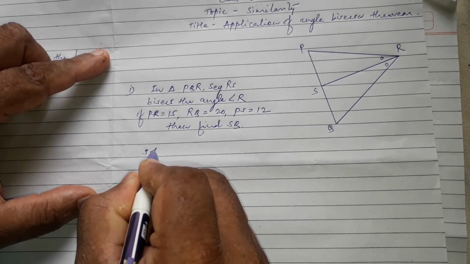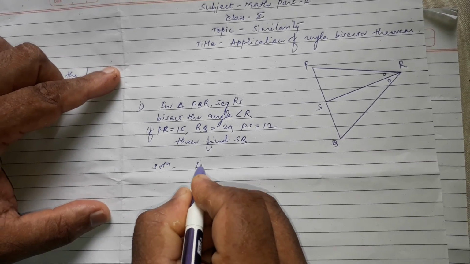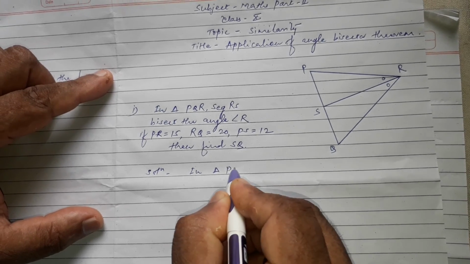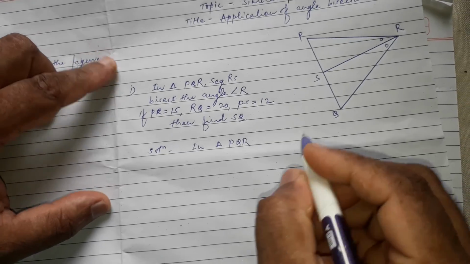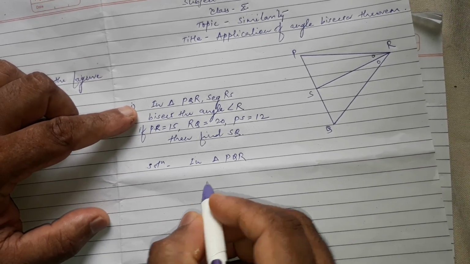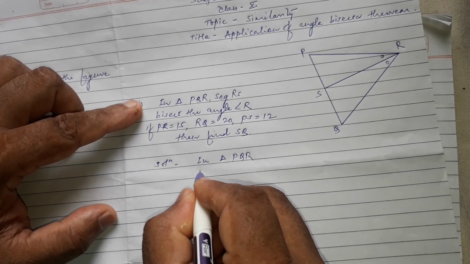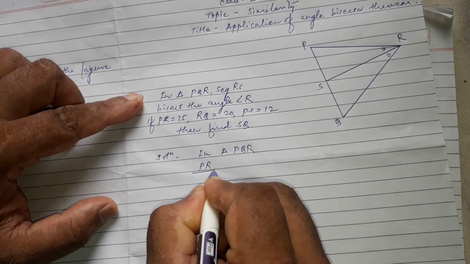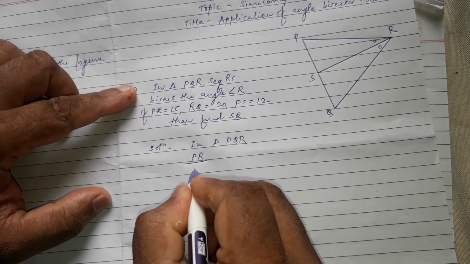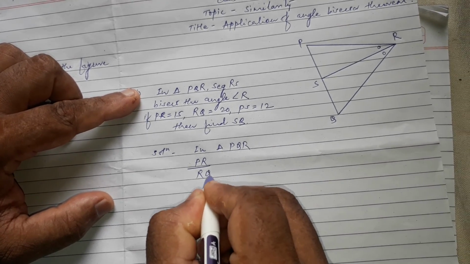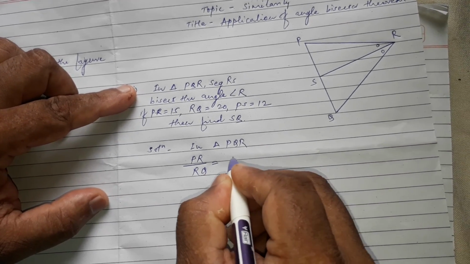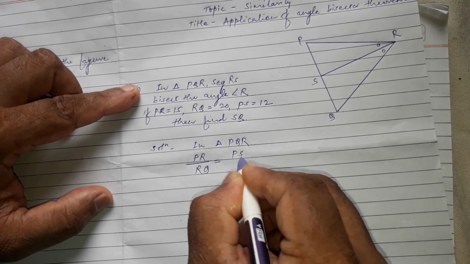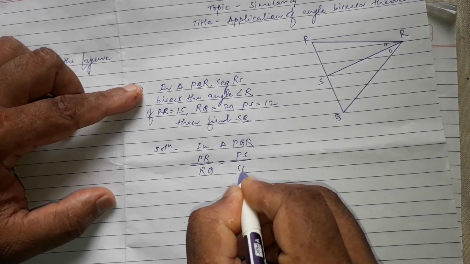So, solution: in triangle PQR we can apply the angle bisector theorem. First you have to take the side PR upon RQ is equal to PS upon SQ.